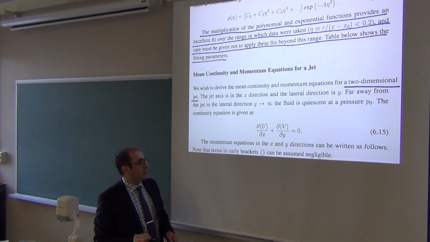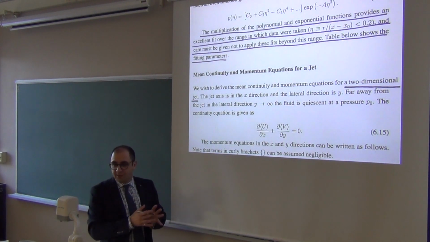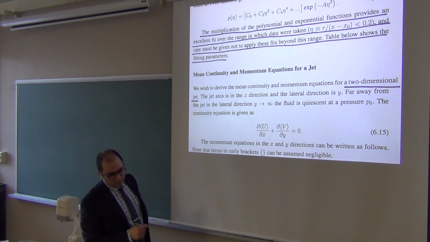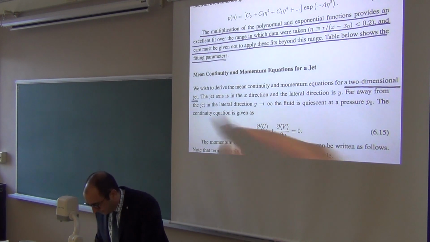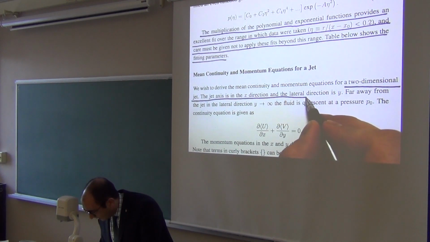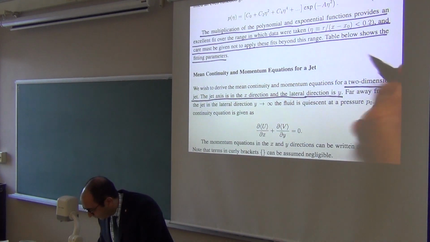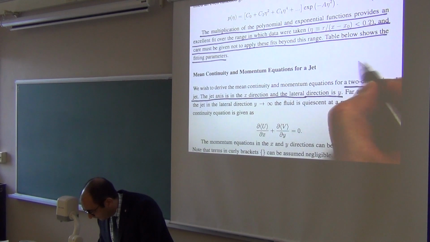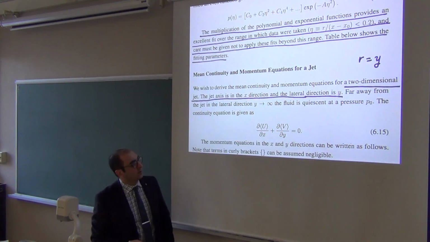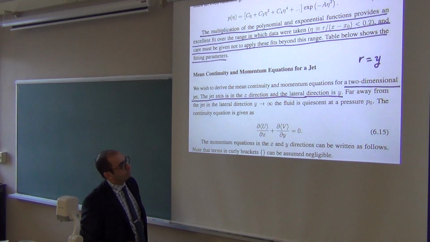As if this jet exists in a plane. It's not a three-dimensional jet, it just exists on a plane. The jet axis is in the x direction, and the lateral axis is y. So essentially I'm saying r is y. So the radial distance, you think of it as y.